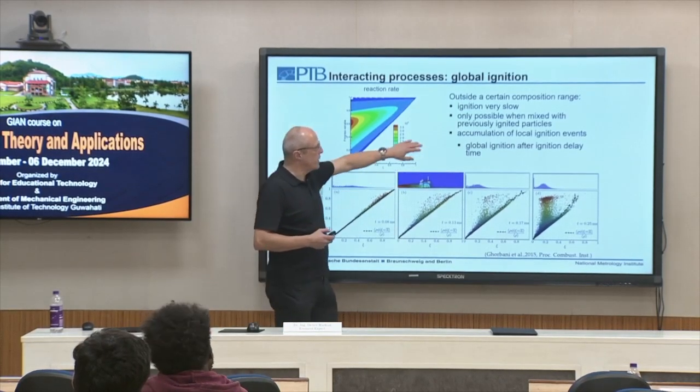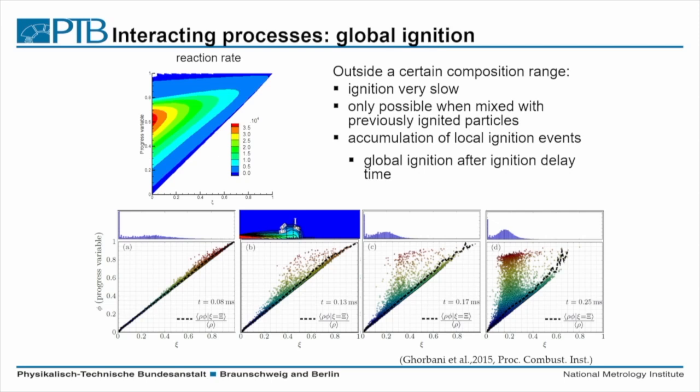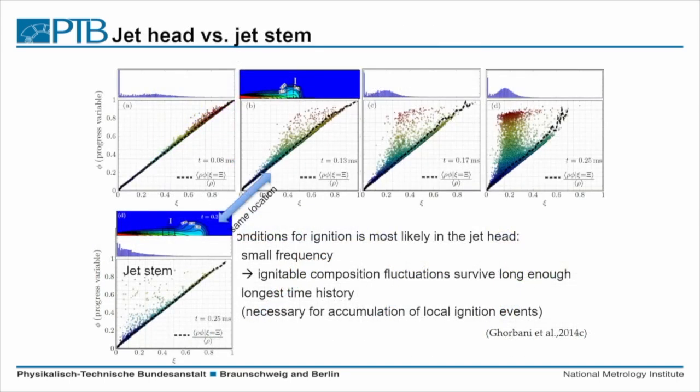And then we have an accumulation of local ignition events, finally leading to a global ignition. And when we look, for example, at this specific configuration here, the question is, of course, where does the ignition take place? Is it more at the tip, or is it more at the side of the jet? And this information, of course, we get from our simulations.